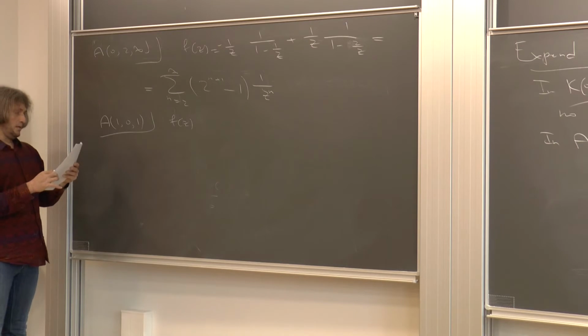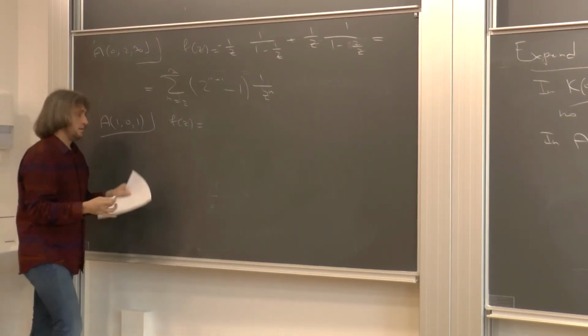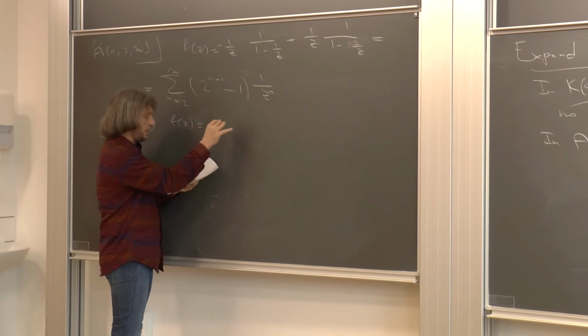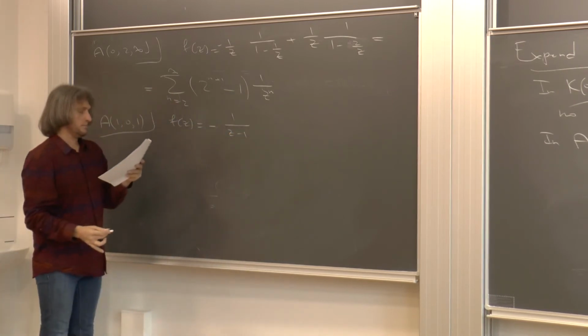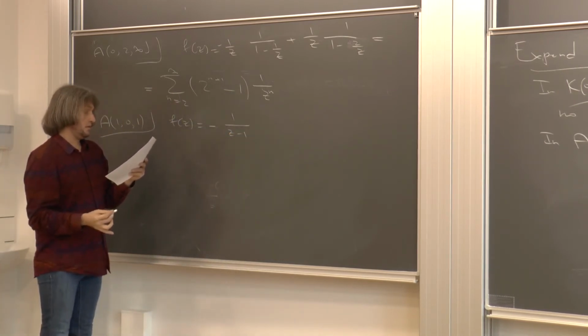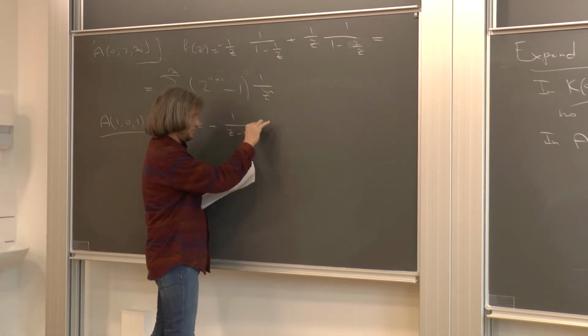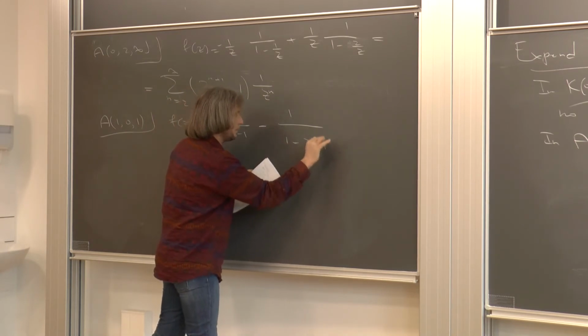Now the polar part is ready because we'll be expanding in z minus 1 and we have already 1 over z minus 1. And then the rest is minus 1 over 1 minus (z minus 1).